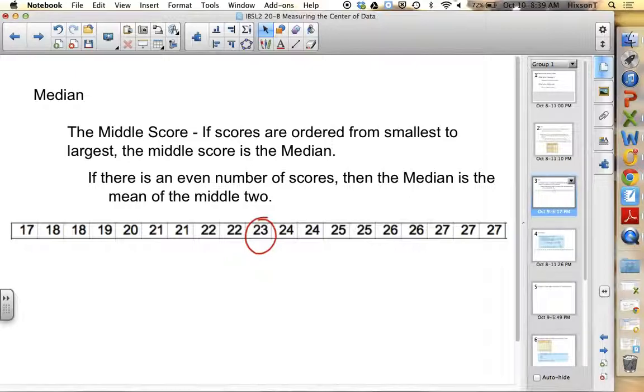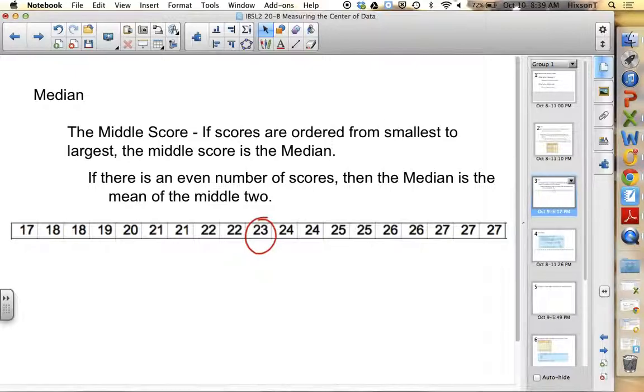If we have an even number of scores, then, for instance, if there was another one like 28 on this end, then there would be kind of two middle ones, and we would just find the mean of them. So if there was a 28 on the end of here, we would find the mean of 23 and 24, so our median would be 23 and a half. Okay?